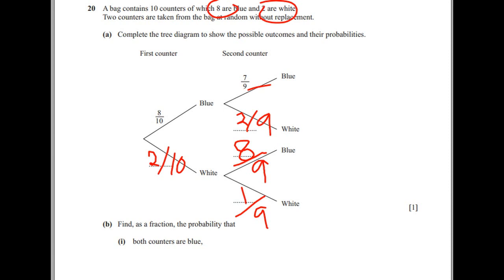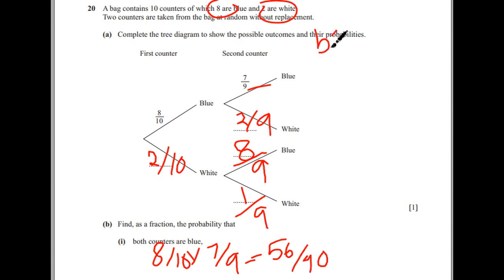Part B1, find as a fraction the probability that both counters are blue. So you have to multiply these two numbers, 8 over 10 times 7 over 9, and the answer is 56 over 90. For part B2, we have to find the probability that one counter is blue and the other one is white.